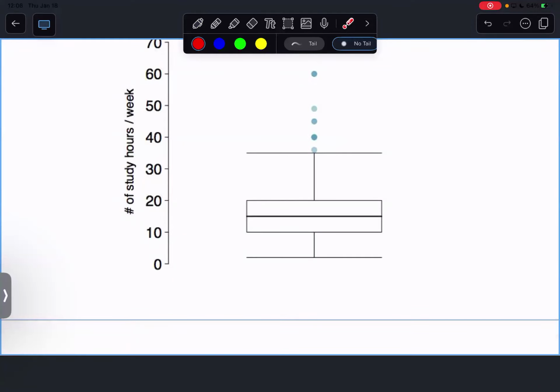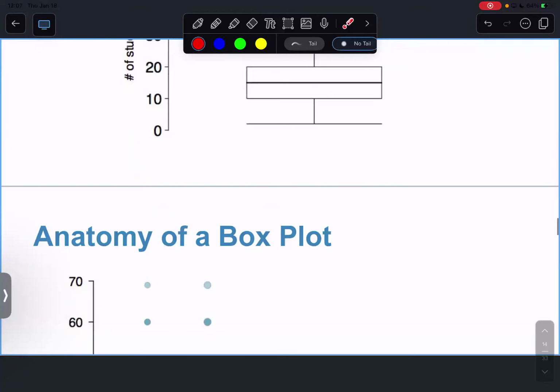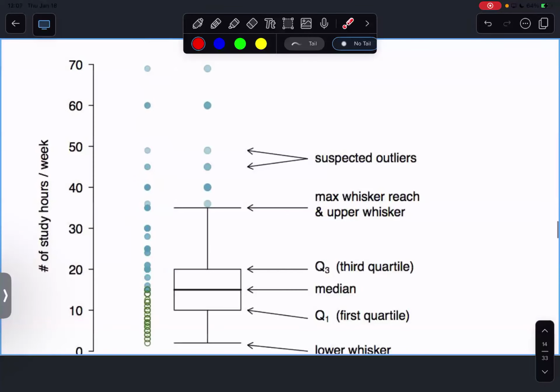It's got a box in the middle, and then it's got some whiskers, which are kind of cute to think about, right? So here we've got the whiskers, and what are these showing? If you had to guess, you'd probably say, oh, outliers. Yes, you did it. Okay, so then on the next slide, I've got the anatomy of a box plot.